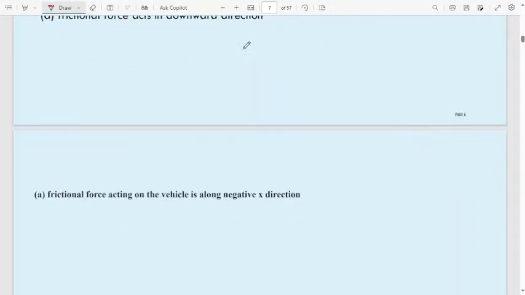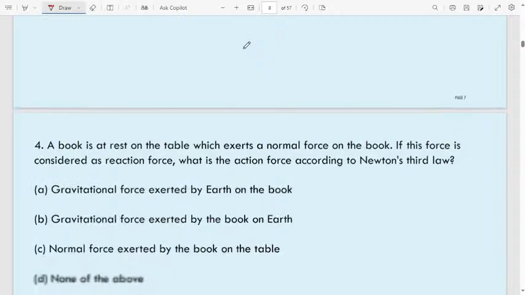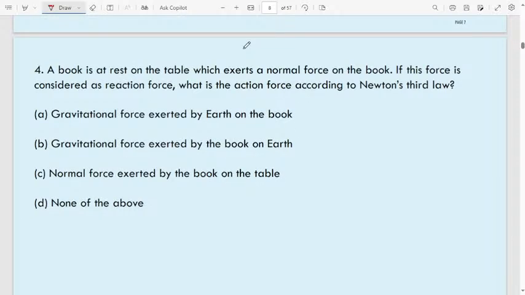Let us move to the next question. Yes, fourth question. A book is at rest on the table, which exerts a normal force on the book.